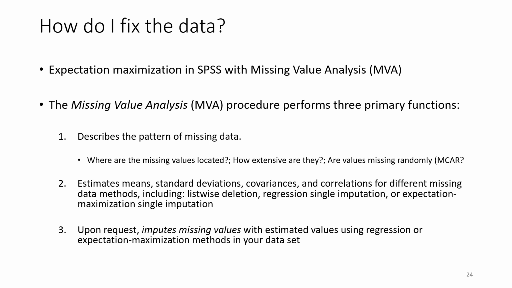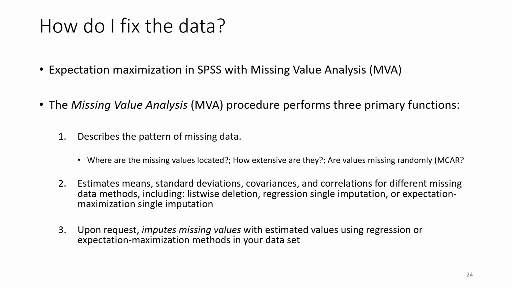And you could compare that mean to the complete cases mean to see how the particular treatment of missing data is affecting the mean and other statistics. And you can do this for listwise deletion, regression-based single imputation, and expectation maximization. Again, in this case, single imputation.